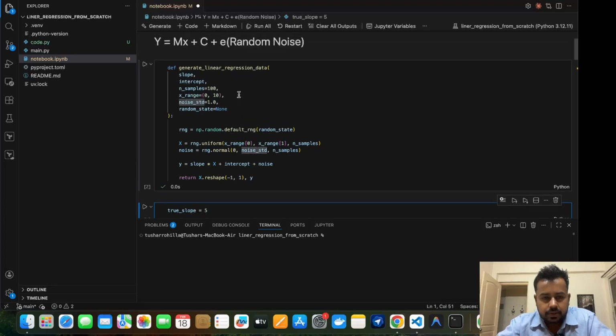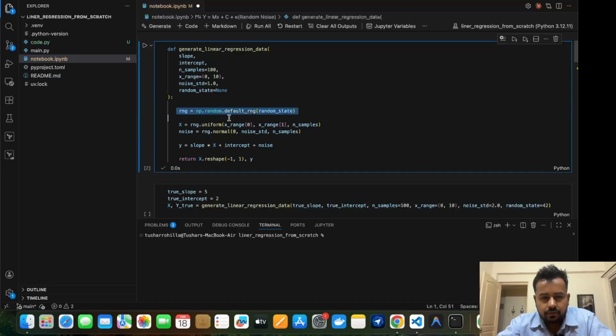So let's try to understand this function. Here we are initializing a randomizing object. Basically it will randomize things. np.random.default_rng, we are passing a random state to it, and here it is drawing samples from the distribution.